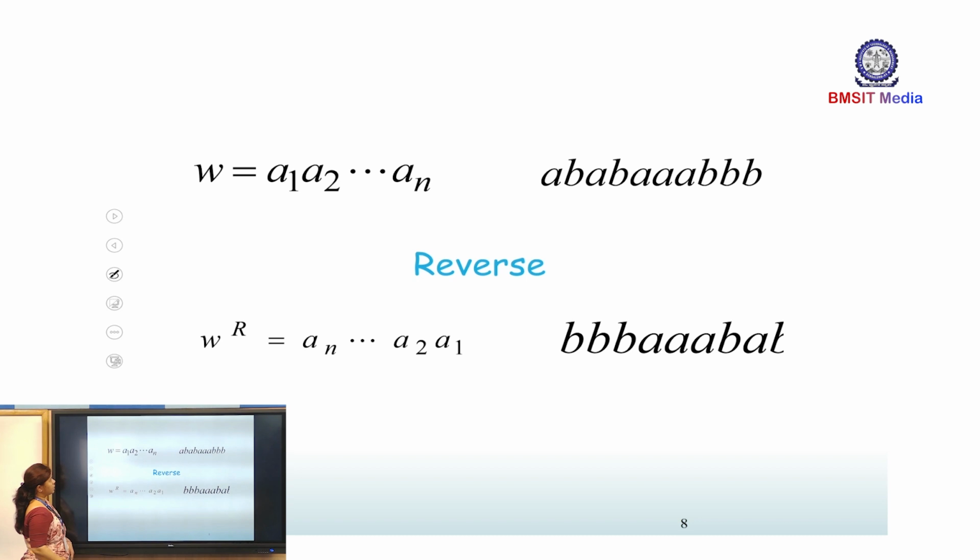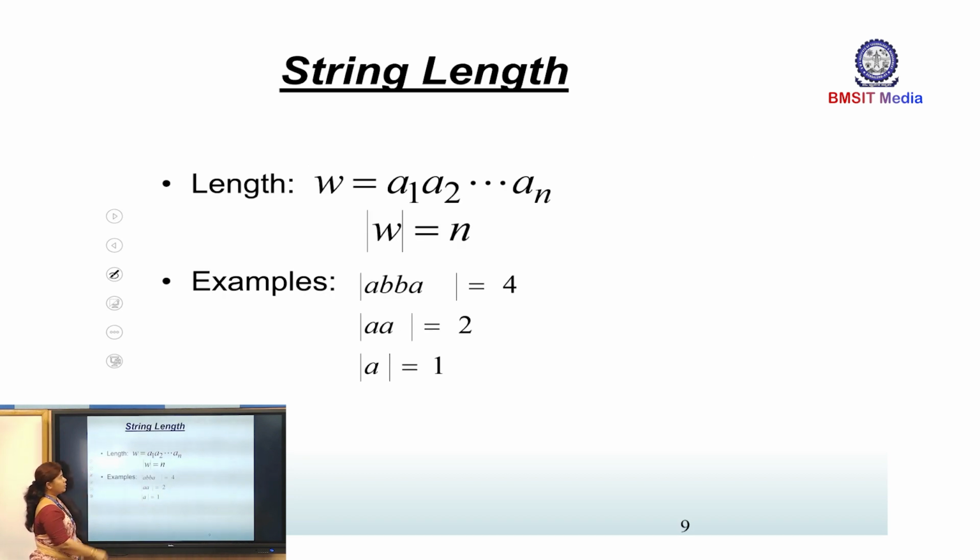If you want to reverse a string, if W ranges from A1 to AN, then W reverse will be AN up to A1. To find the length of the string, find how many elements are there in the string.